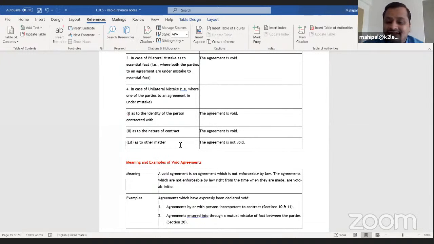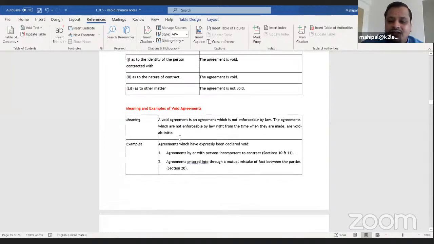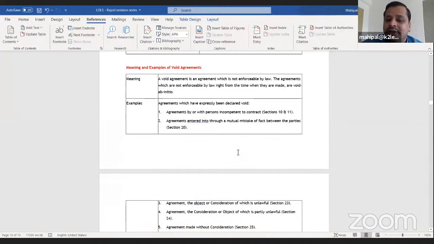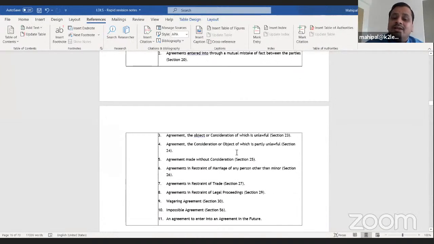Void agreements are not enforceable by law. Examples: agreement with an incompetent person, agreement entered by mutual mistake, agreement where the object or consideration is unlawful, agreements which are partly unlawful, agreement made without consideration, agreement in restraint of marriage, agreement in restraint of trade, agreement in restraint of legal proceedings, wagering agreements, and impossible agreements.